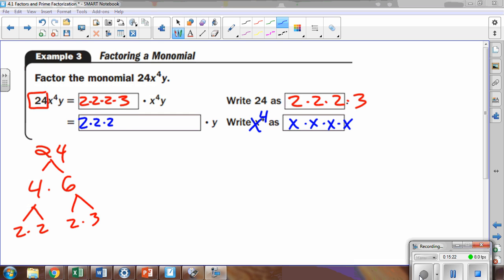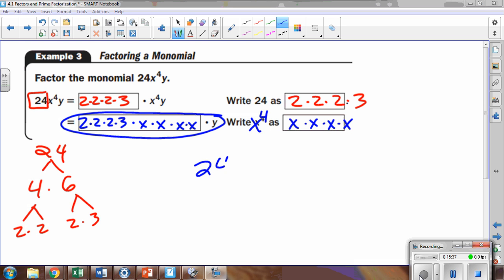So we still have our prime factorization, but then we'll split it up with the 4 x's. That's done. Our factorization then, 24 x to the fourth times y, when we completely and totally split it up, from the factor tree, we had 2 times 2 times 2 times 3 for the 24.